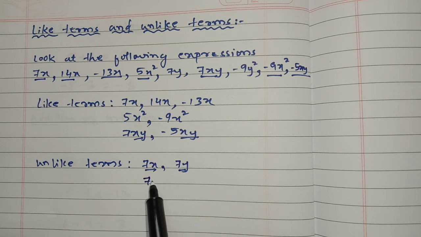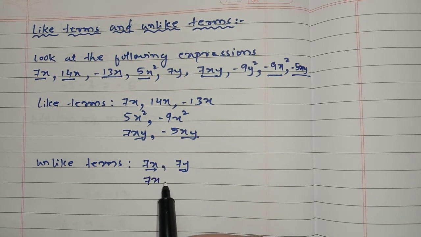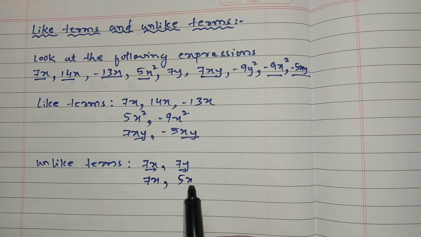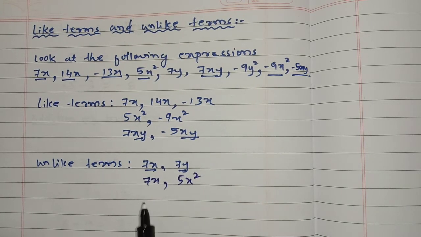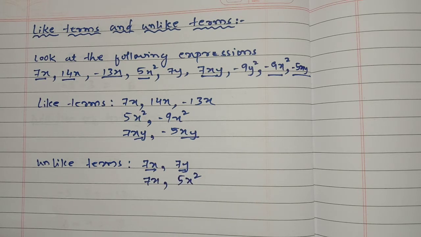We have here 7x and 5x square. These two are also unlike terms. See, the variable is the same but the powers are different. Here the power is 1 and here the power is 2. That's why they are unlike terms.